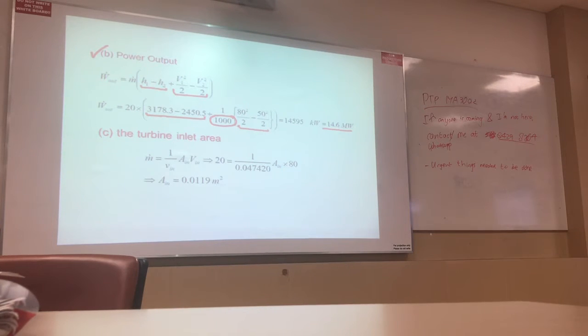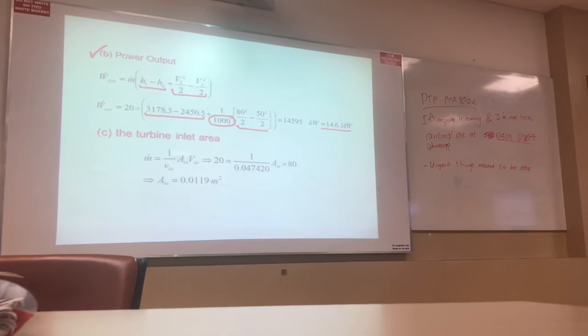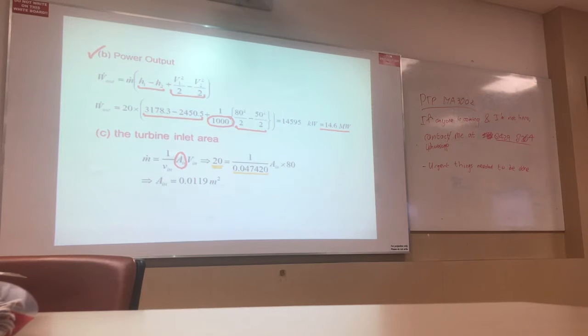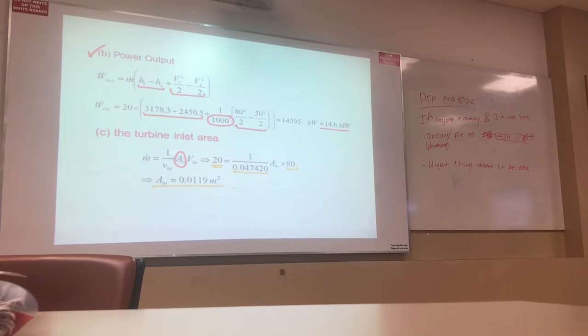And the turbine inlet area, I will show you. This is the specific volume, and I am going to find this number. So I substitute the numbers. This is the mass flow rate, this is the specific volume at state 1, this is the velocity at state 1, and this is the area, which is 0.0119 square meters.